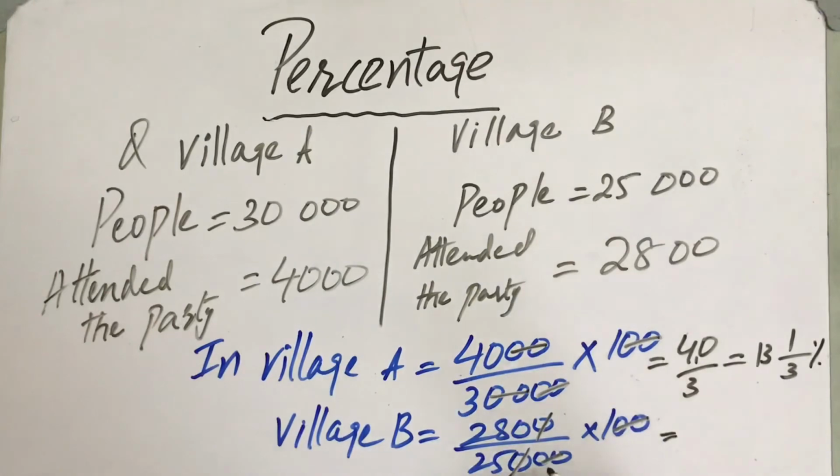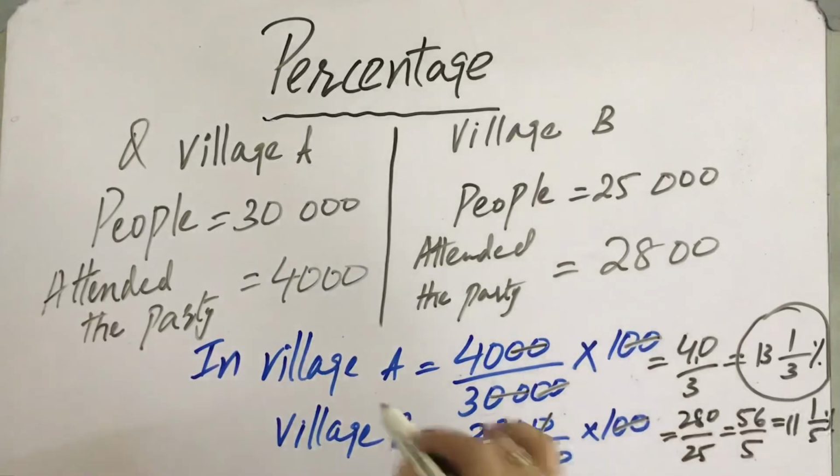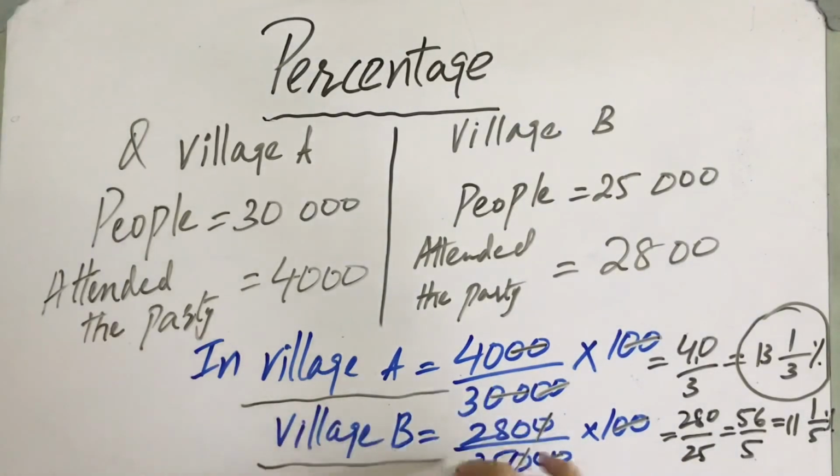And here we have cancelled two zeros, 280 over 25 will give us 11 whole 1 by 5%. So the percentage of people who attended the party in village A is more than village B.